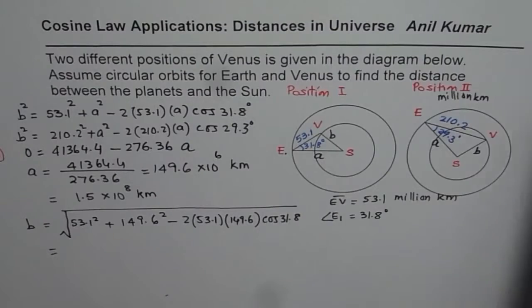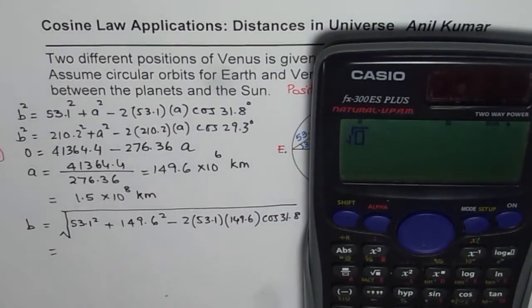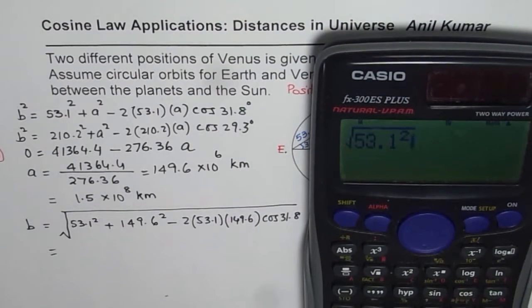We'll again use the calculator: square root of 53.1 square plus 149.6 square minus 2 times 53.1 times 149.6 times cos of 31.8, bracket close, equal to.